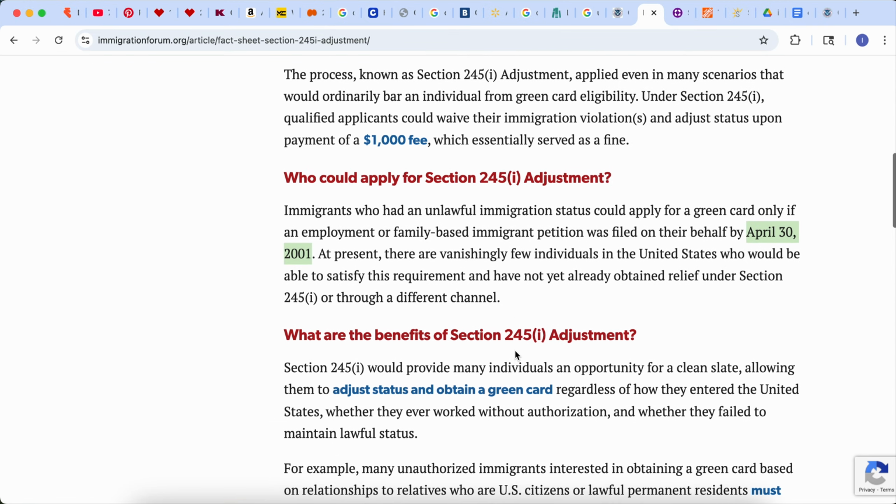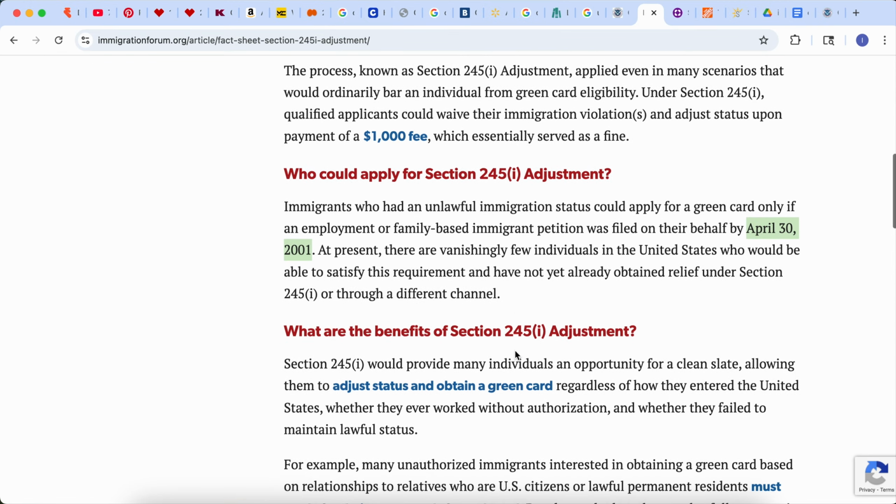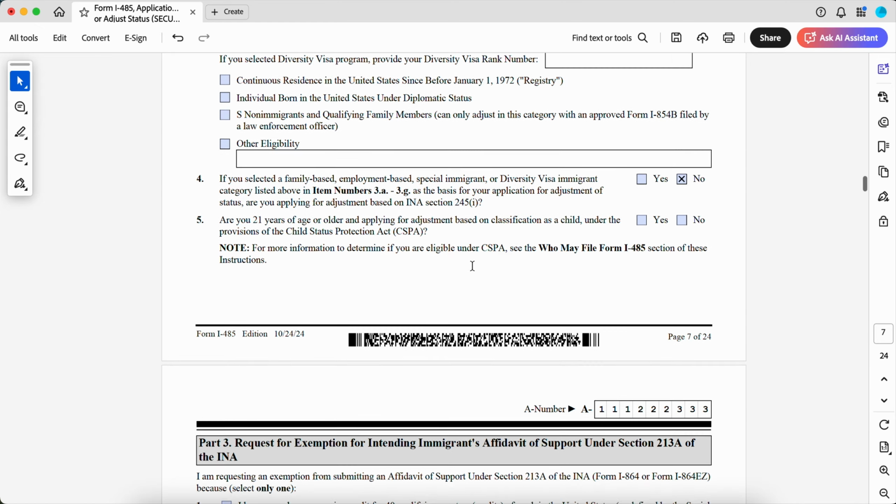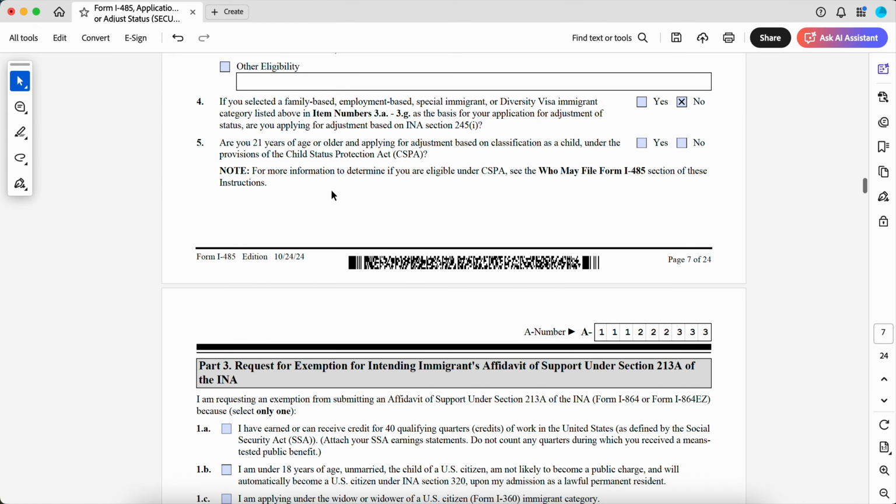Well, basically, most people don't have it, so you just write no. Here, are you 21 years of age or older and applying for adjustment based on classification as a child under the provisions of the Child Status Protection Act, CSPA? No.